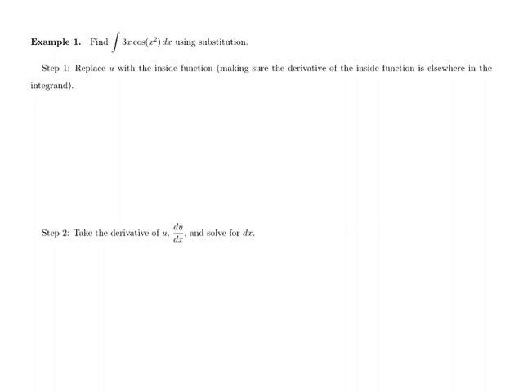So the first thing we have to do is identify what is the inside function and hopefully what is the outside function. The inside function here is going to be the x squared. That x squared is inside of this cosine function. We're going to write that as cosine of parentheses, or maybe you could say cosine of x.